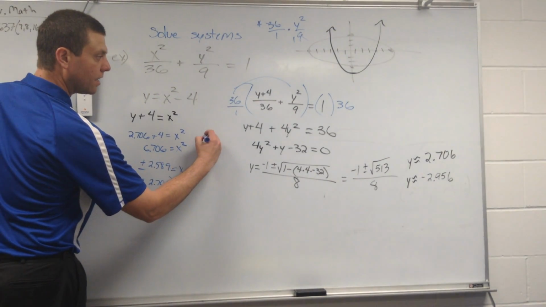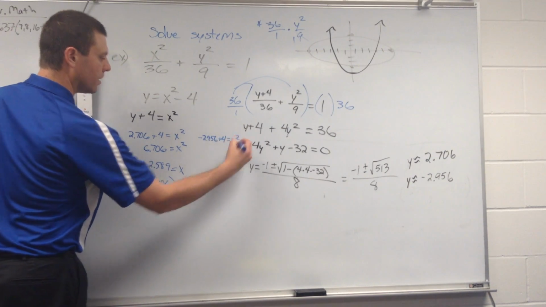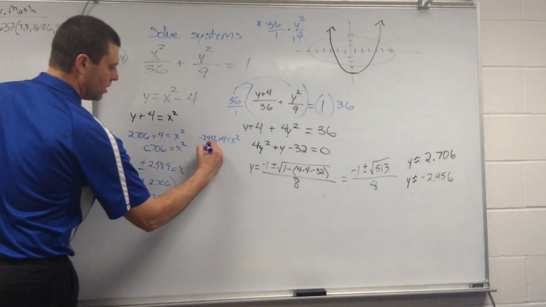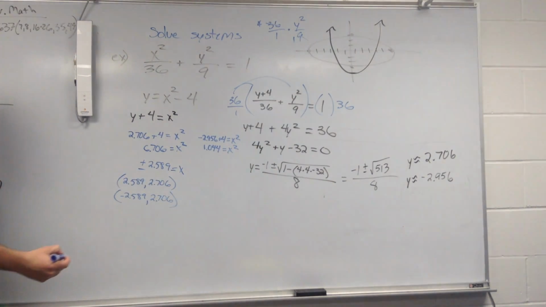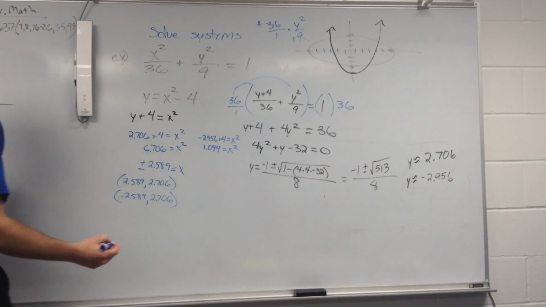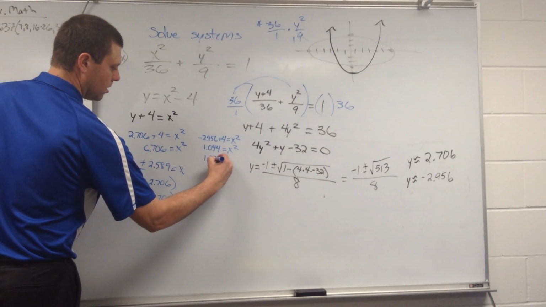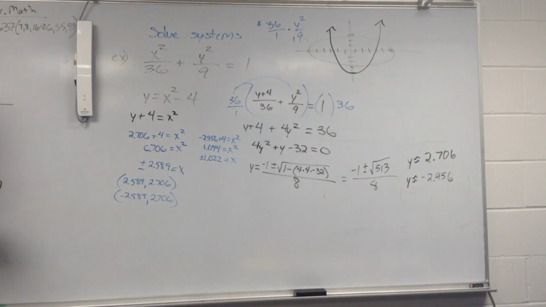So, negative 2.956 plus 4 equals x squared, which is 1.044. So 1.044 equals x squared, and then the square root is 1.022, plus or minus 1.022.